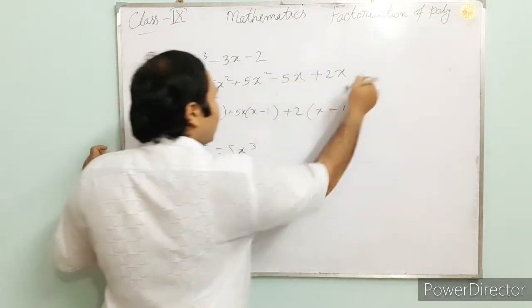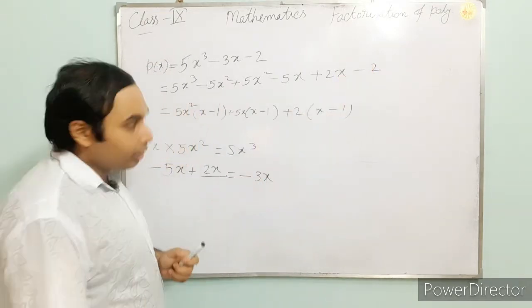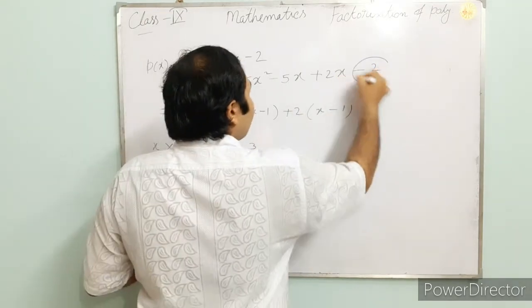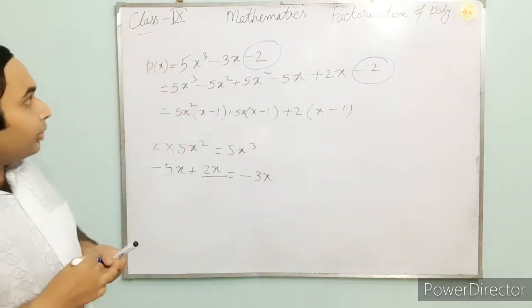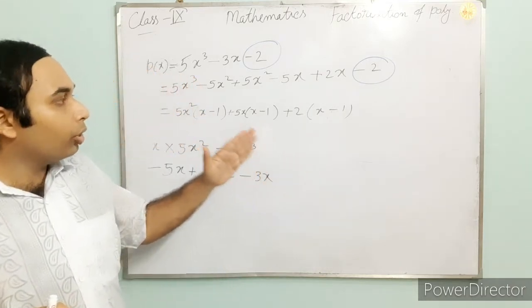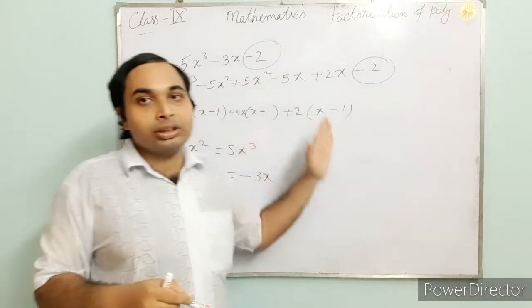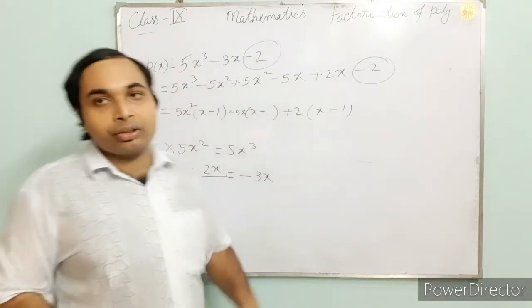So plus 2x, we have got minus 2. This last term and this last term must be equal. If those are not equal, you have not reached your goal, and also you have not finished the factorization process. This is the main part of the factorization process.